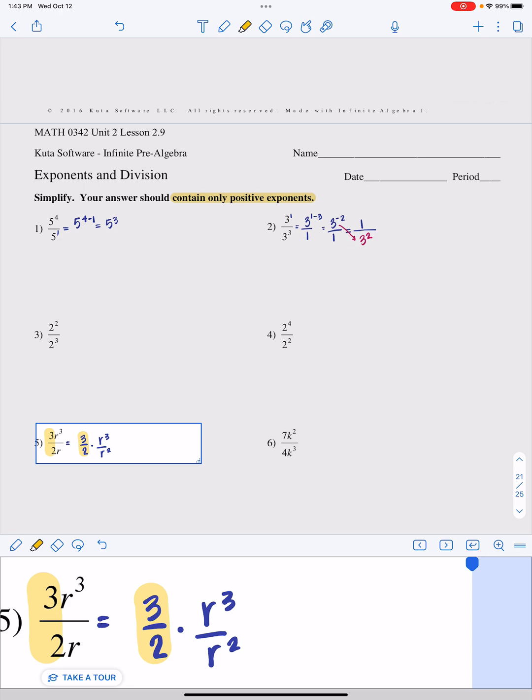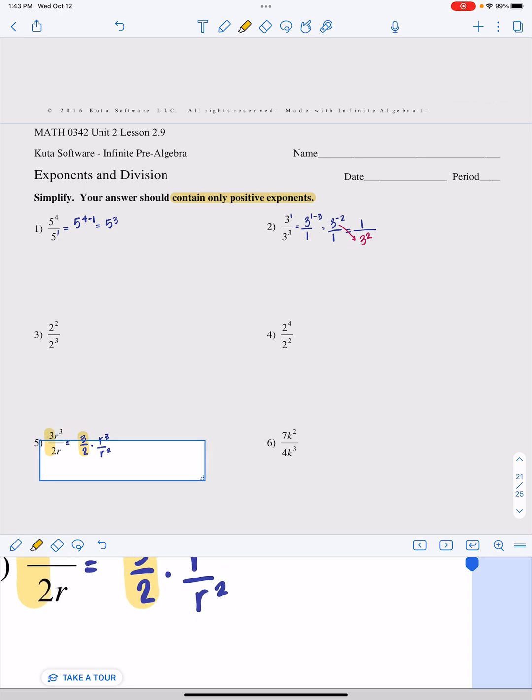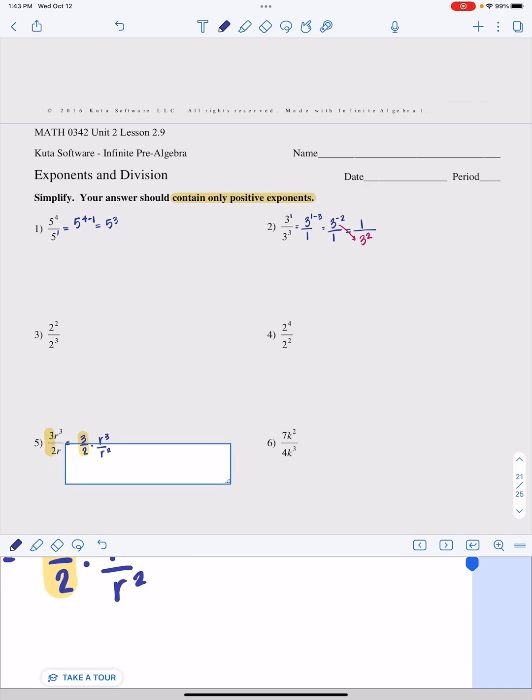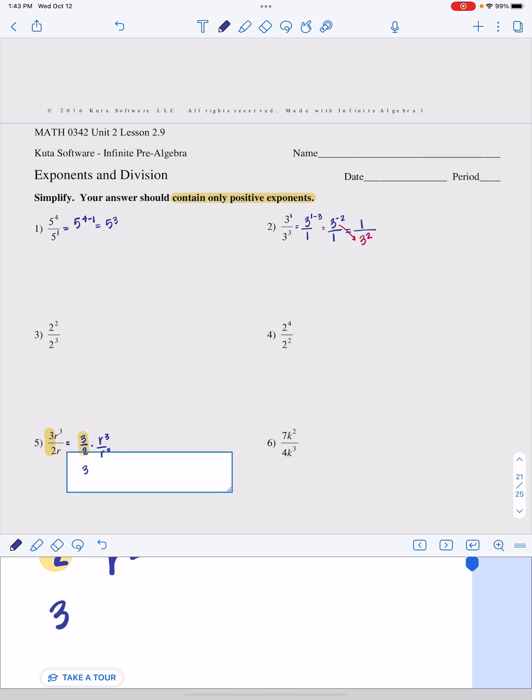So then I'm going to see if I can simplify the 3 over 2. Well, the only way to simplify 3 over 2, and by simplify I mean reduce it to lowest terms, I could write it as 1.5, but that's really not going to help. So I'm going to leave it as 3 over 2.